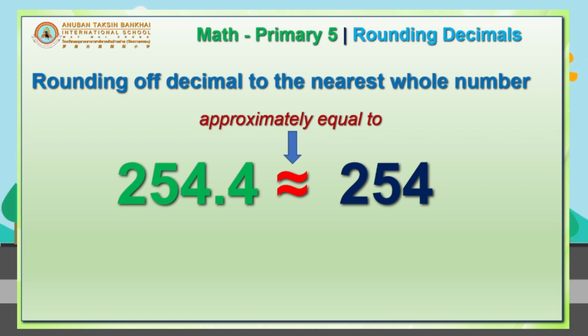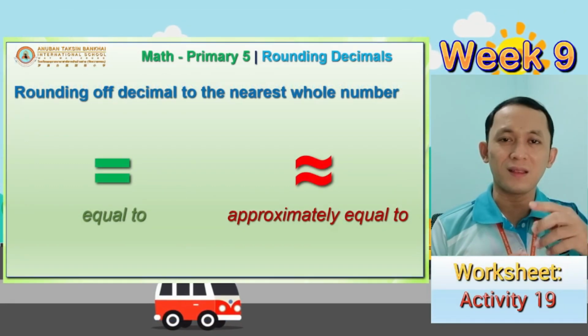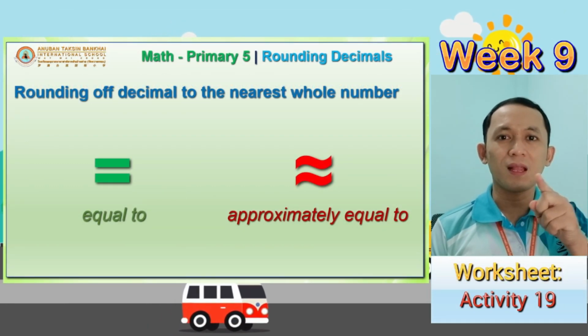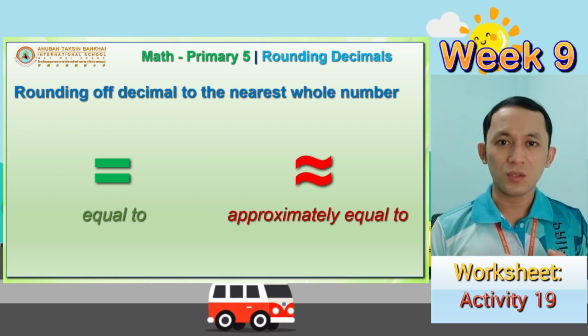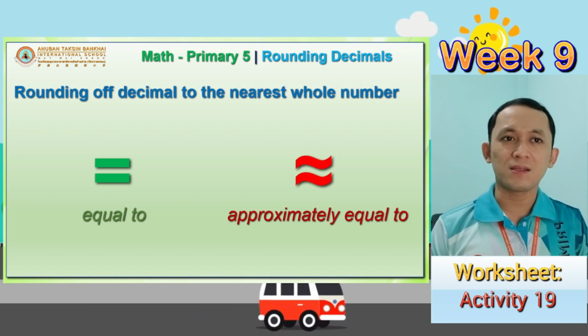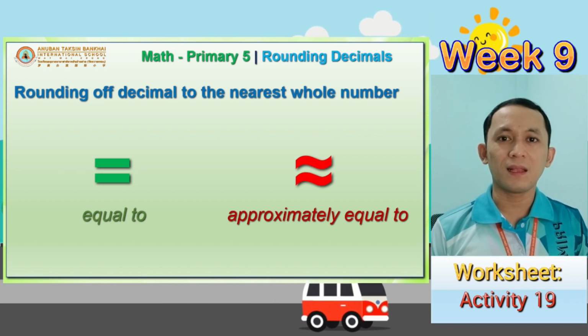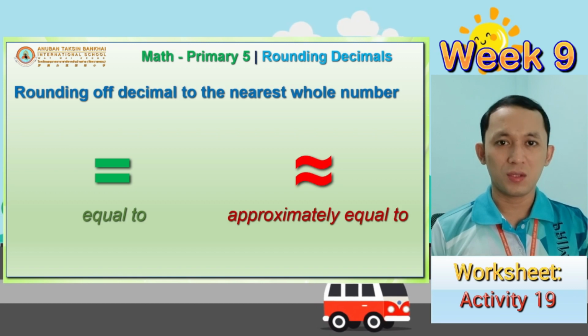By the way, do not be confused by the equal sign and the other sign. The straight line is equal to. The wavy line, we read it as approximately equal to.